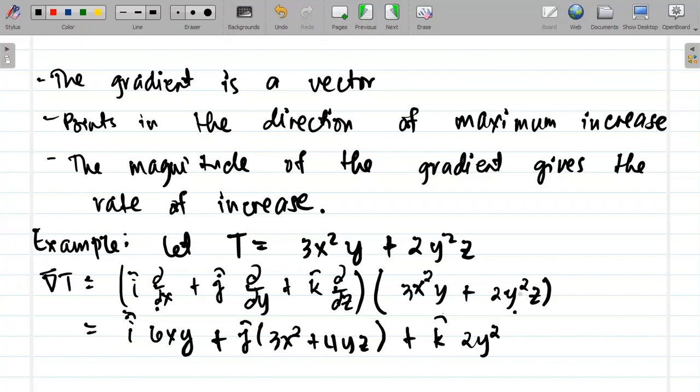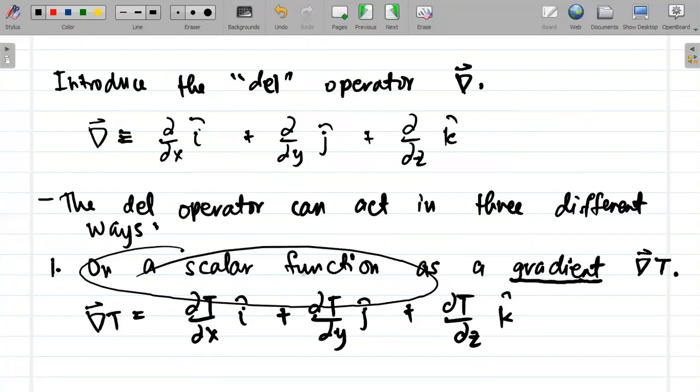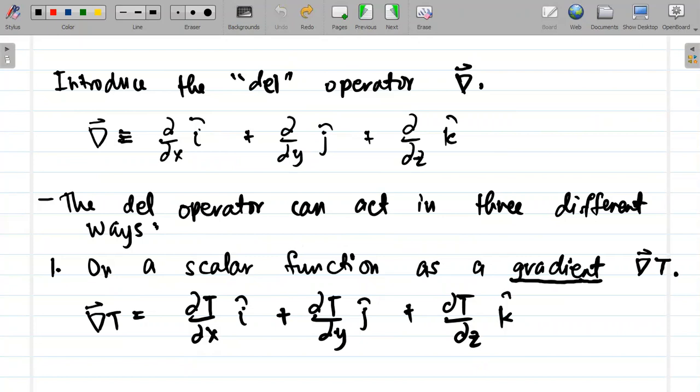Class, is it clear how we arrived at this answer? Yes po, sir. Okay. So now, the next one. Previously, it can act on a scalar function as a gradient.